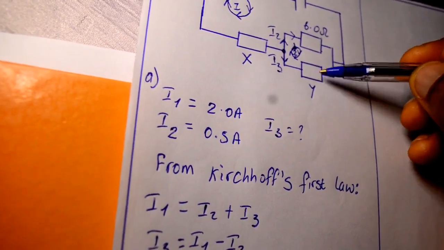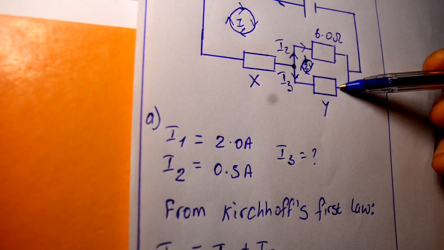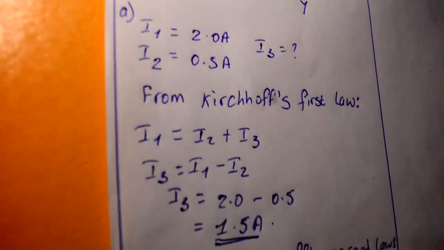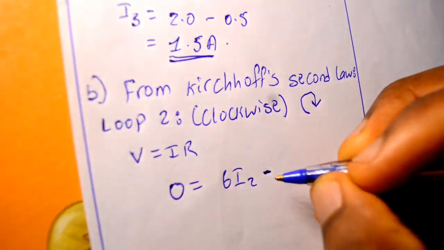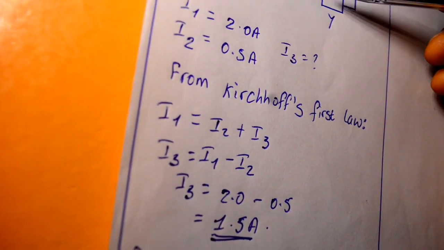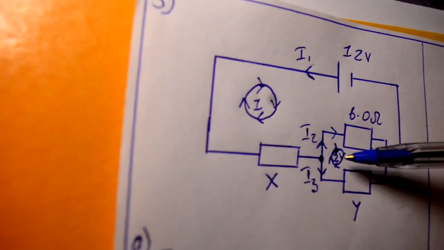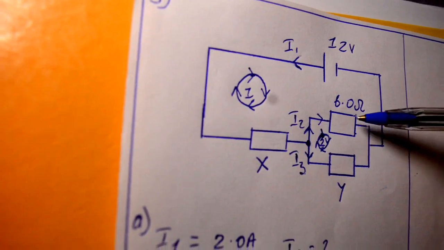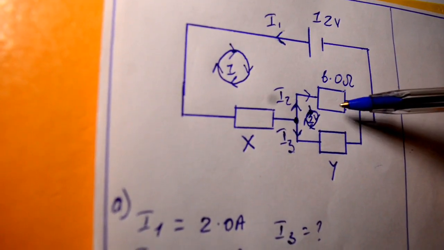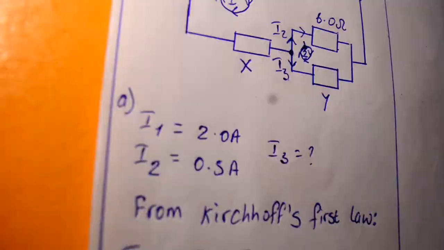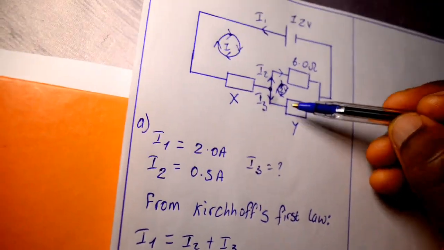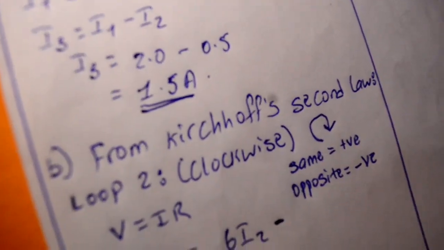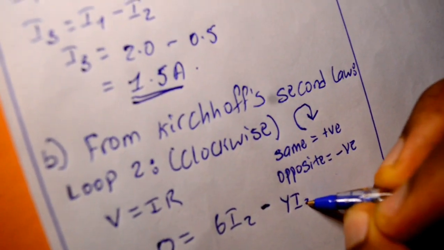Next, this resistor here. Here the current moves towards the right, and the loop goes towards the left, so they go in opposite directions. So it's minus. When the current moves in the opposite direction to the loop, it is negative, and when the current of that resistor or battery moves in the same direction as the loop, it is positive. So it's negative Y I3.